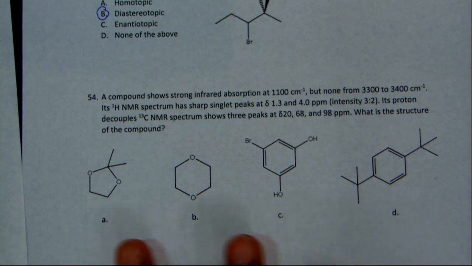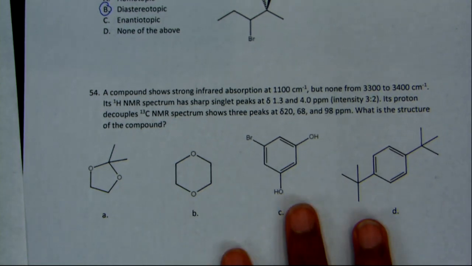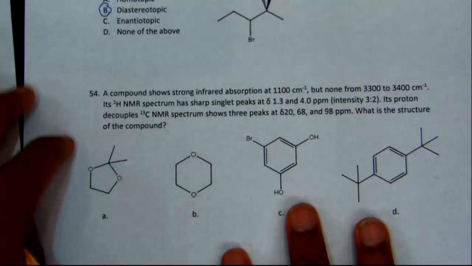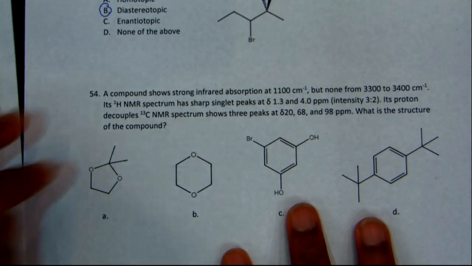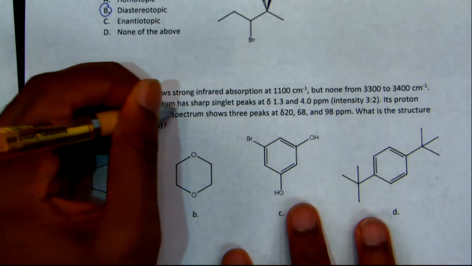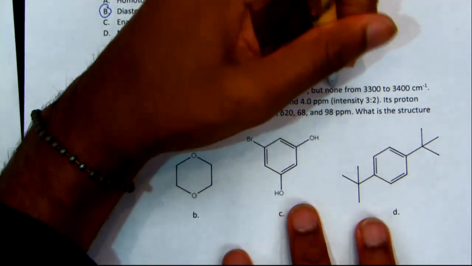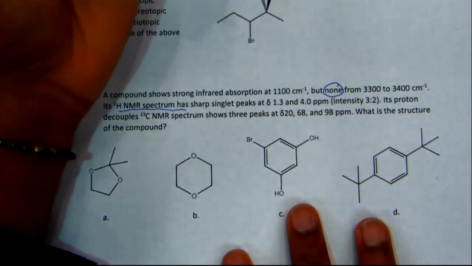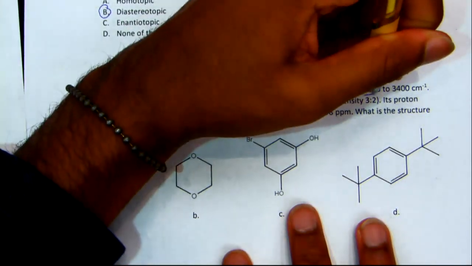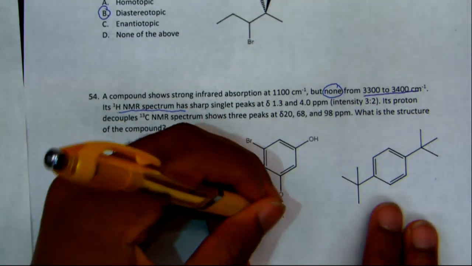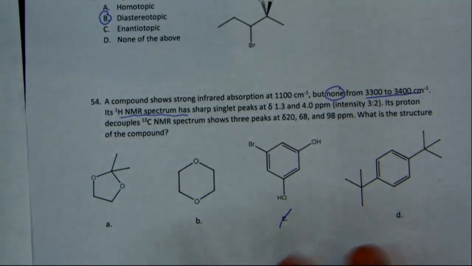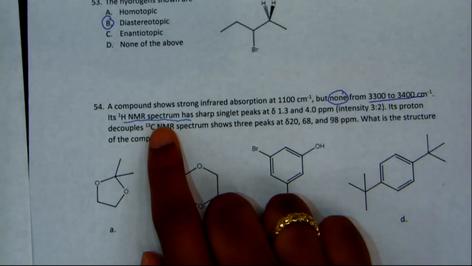But if I was running out of time, I'd look at how many signals I have. In my H1 NMR it says none, so let's look at my IR first. No signals from 3300 to 3400, so that means no alcohols or carboxylic acids, right? So C's out.